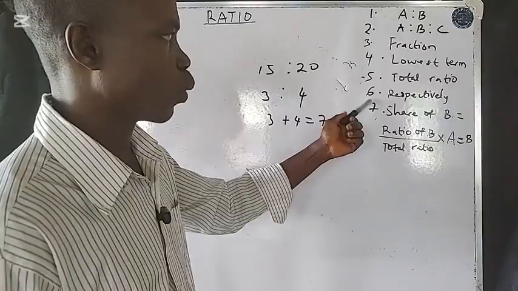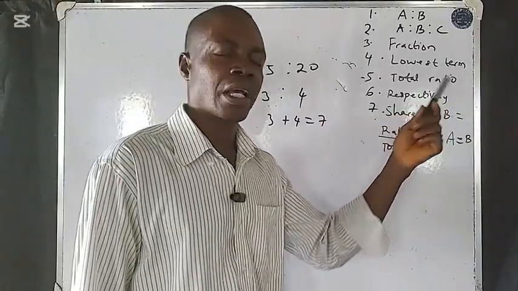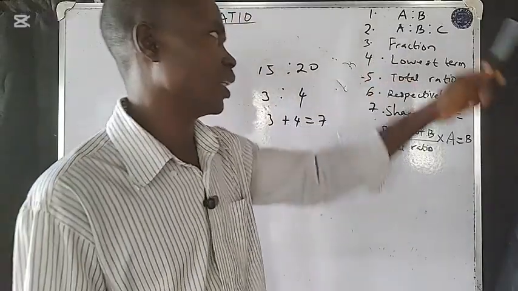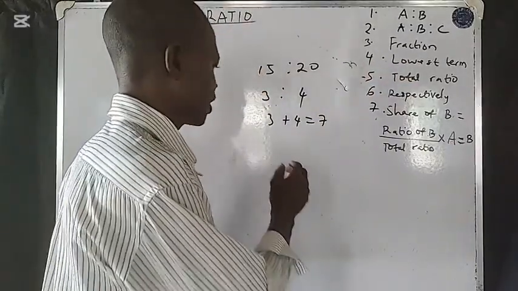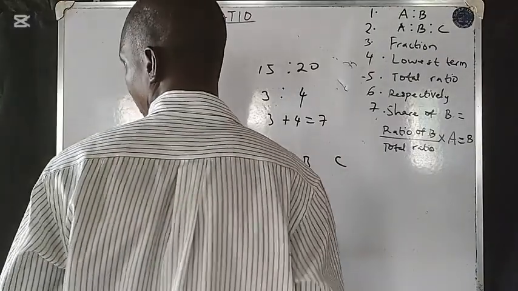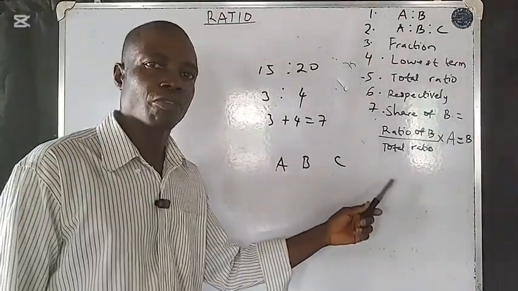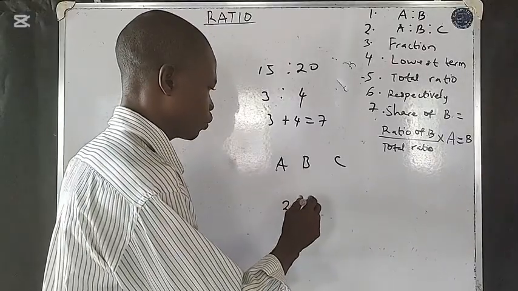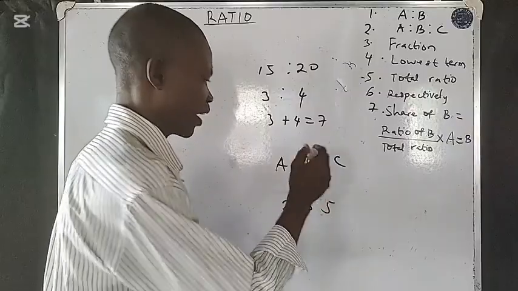Sometimes you see the word respectively. 3 people might be mentioned. 3 people stand for A, B, C. Mr. A, Mr. B, Mr. C may share a particular sum of money in the ratio of 2, 3, and 5.